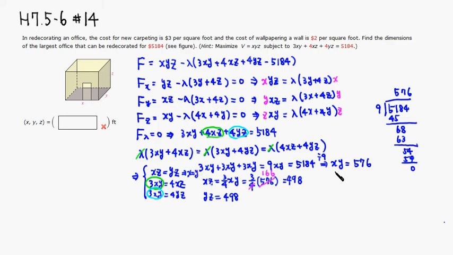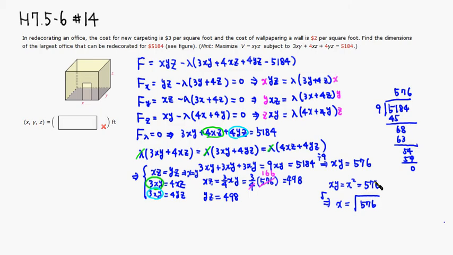So we know that xy equals 576, so xy is the same thing as x squared, which is equal to 576. Then all you have to do is take the square root of both sides, so x is equal to the square root of, plus or minus, but we're looking at the length, so it's the square root of 576.